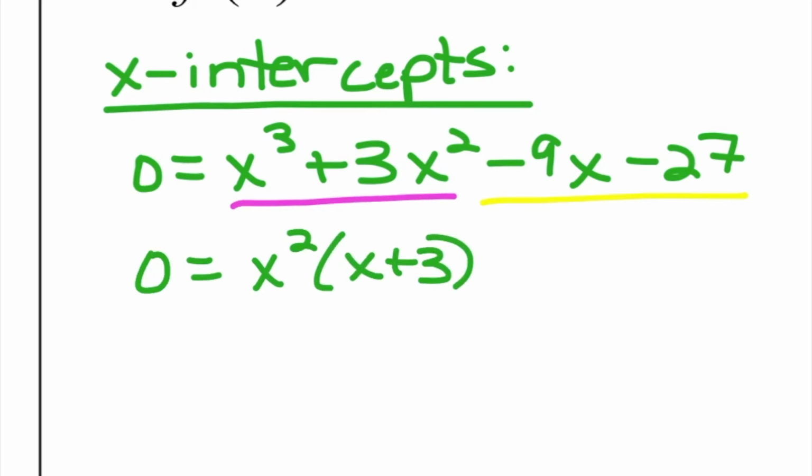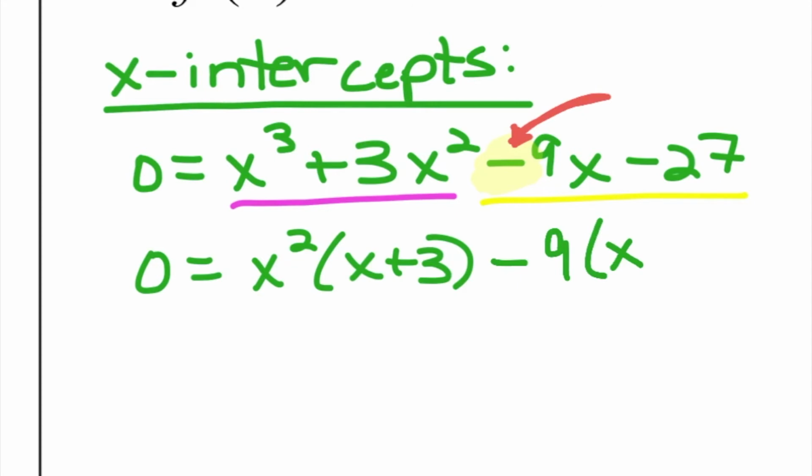And then the other thing that I want you to remember is that when you're grouping, your second GCF should always, always, always have the same sign as the middle term. So here, your second GCF has to be negative. And so I'm going to take a negative 9 out of negative 9x minus 27, and negative 9x divided by negative 9 is positive x.